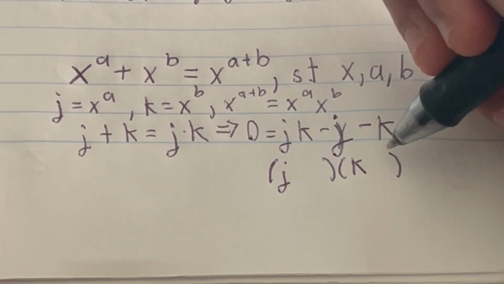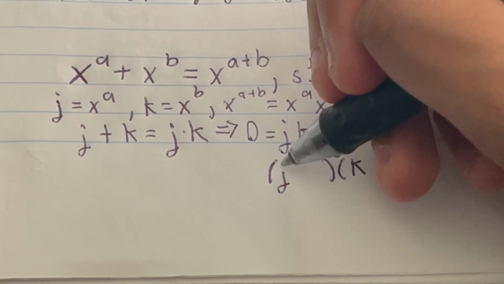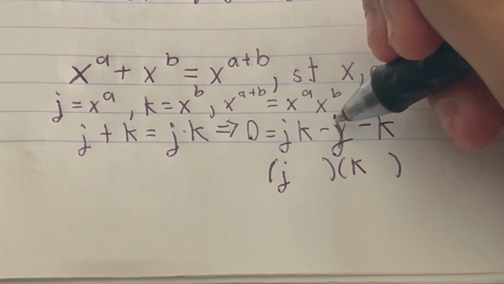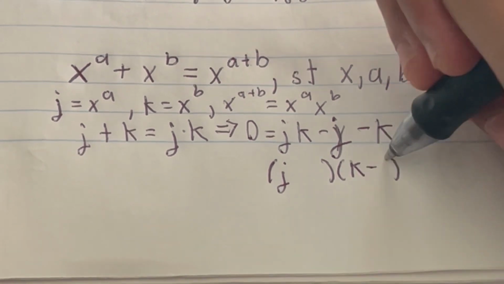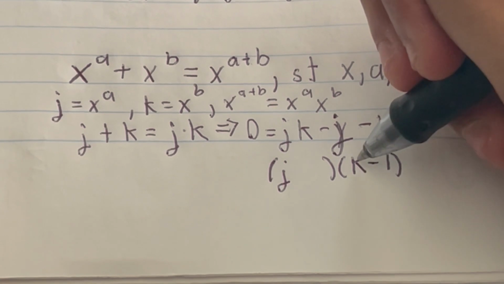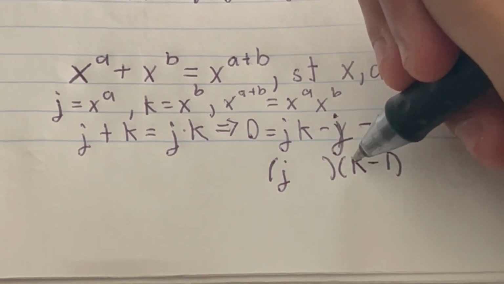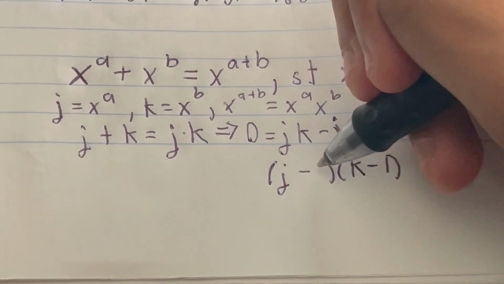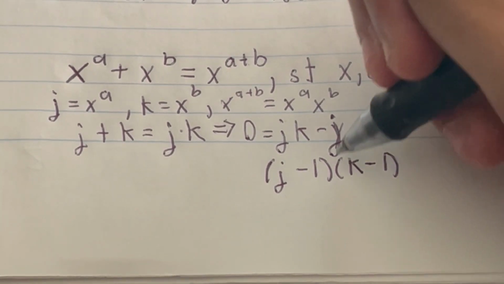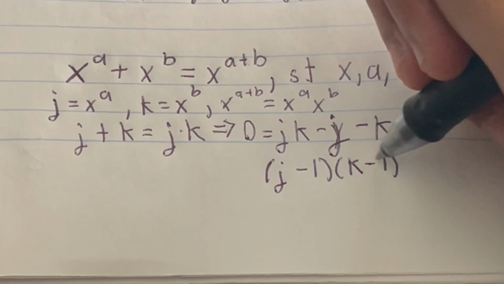Now, we also need a minus j. j has to get multiplied by something over here to get minus j, and that term will be minus 1. Similarly, there's a minus k over here. k is already getting multiplied by this j, but k also needs to get multiplied by minus 1 to get this minus k. So essentially, we turn this into j minus 1 times k minus 1.